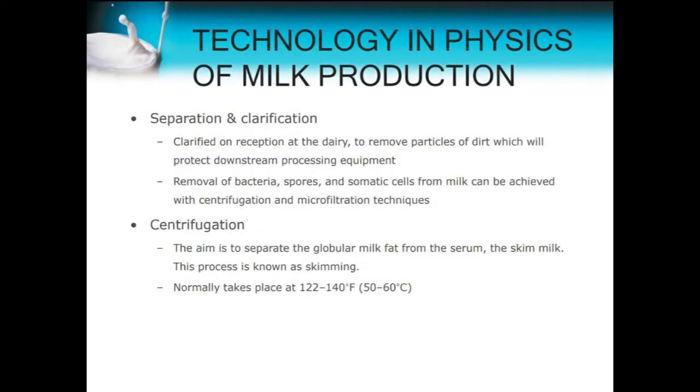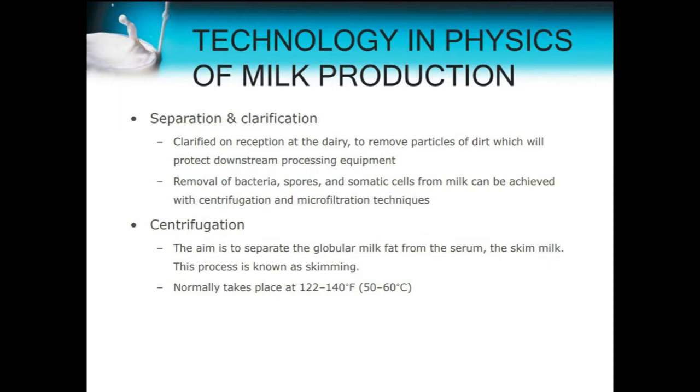Next, we will go to the separation and clarification process. Milk then needs to be clarified on reception at the dairy to remove particles of dirt, which will protect downstream processing equipment. Removal of bacteria, spores, and somatic cells from the milk can be achieved with centrifugation and also microfiltration techniques.